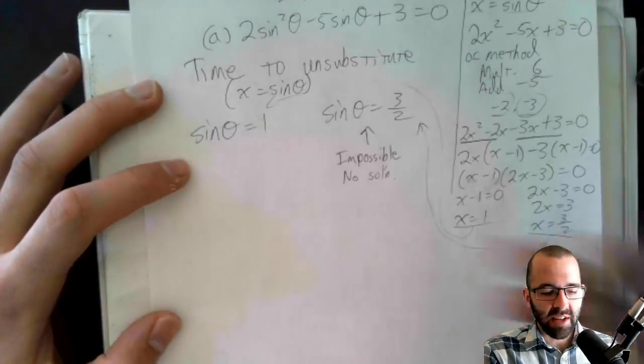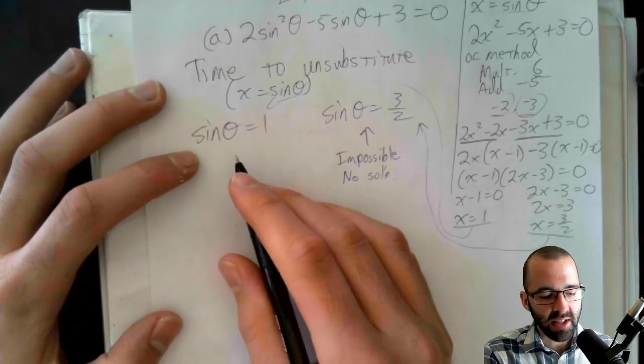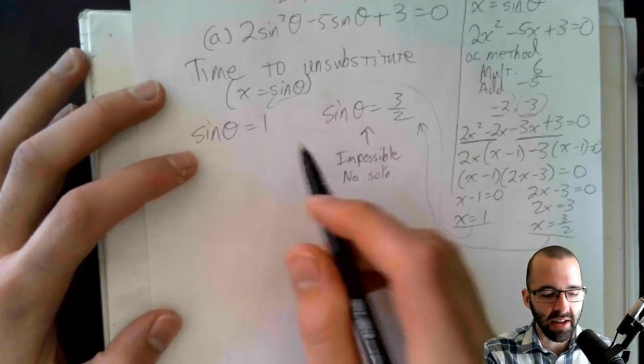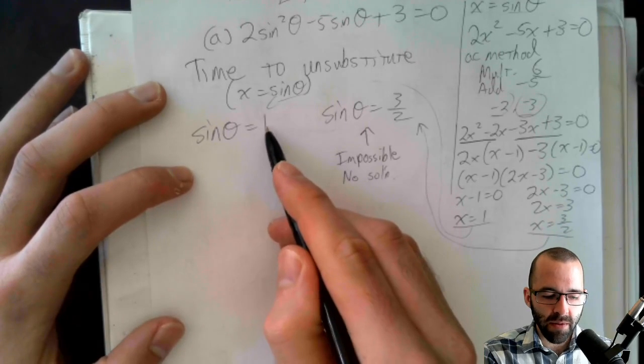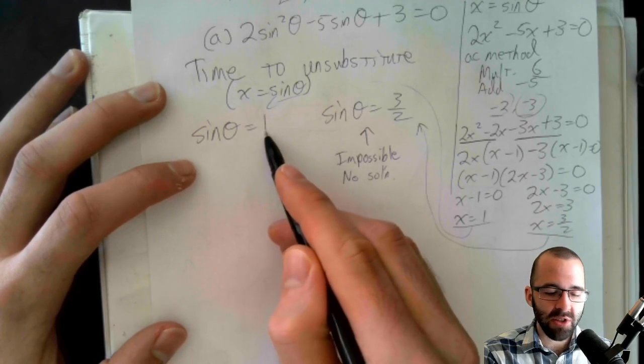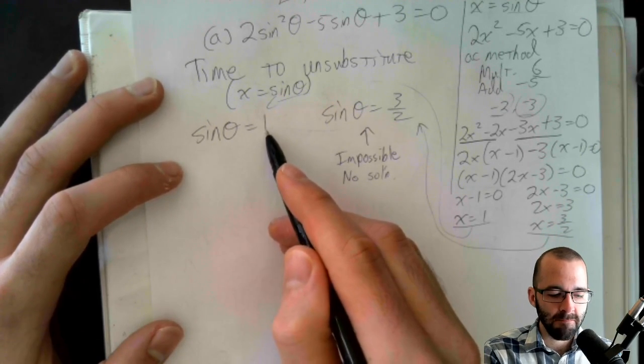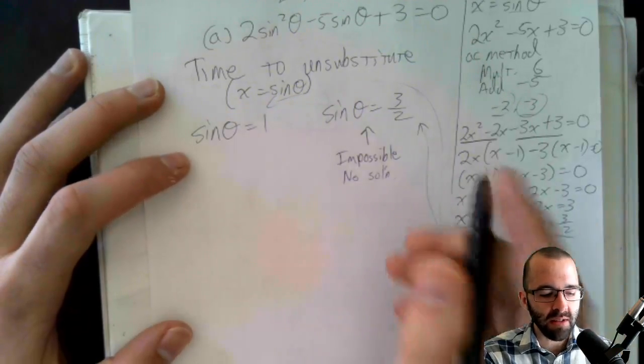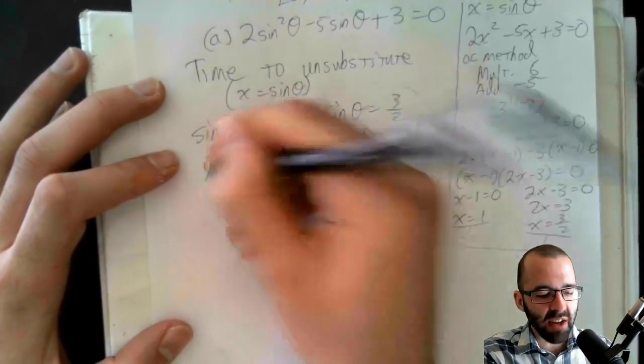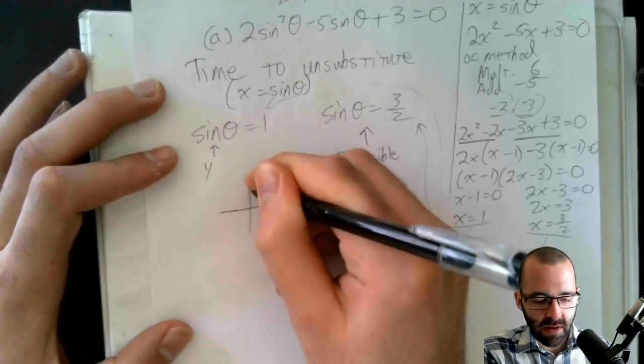All right. So let's only look at this. This will have a solution because, again, sine oscillates between 1 and -1. But remember, this is like a fringe case. There's no triangle that's going to do this, but we can think of sine of theta as the y-coordinate on the unit circle.